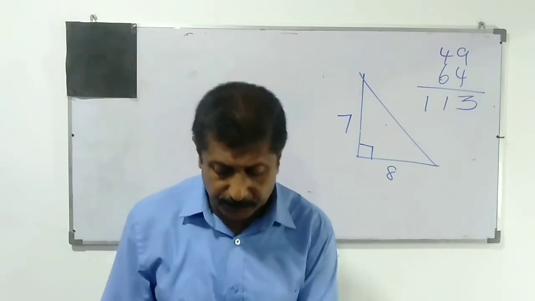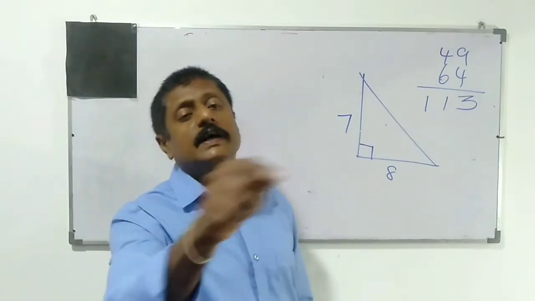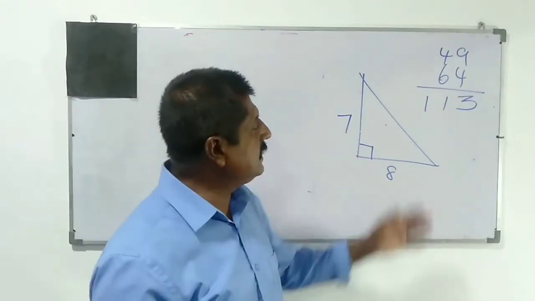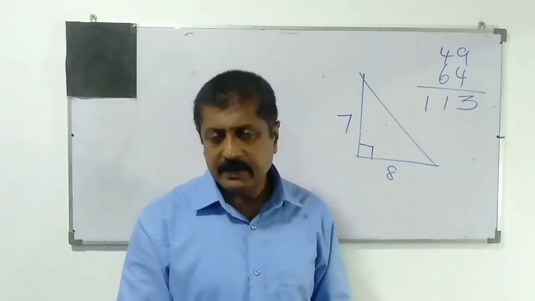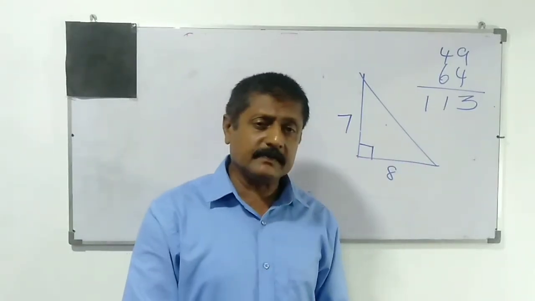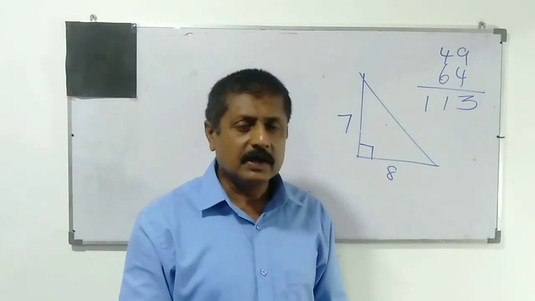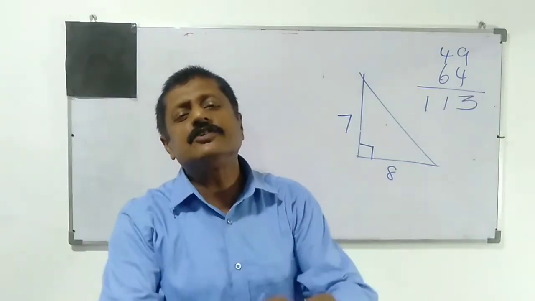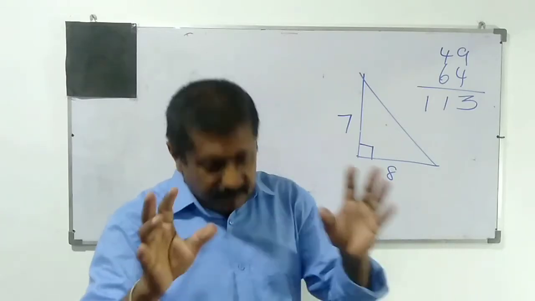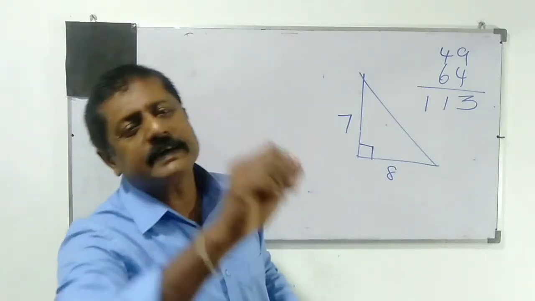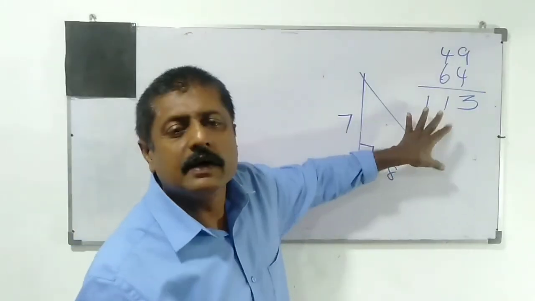Then what can you do? Then you have to learn how to find the square root. But at this moment, I advise you not to put all these things together and make a mess. At this moment, use a calculator and practice this.